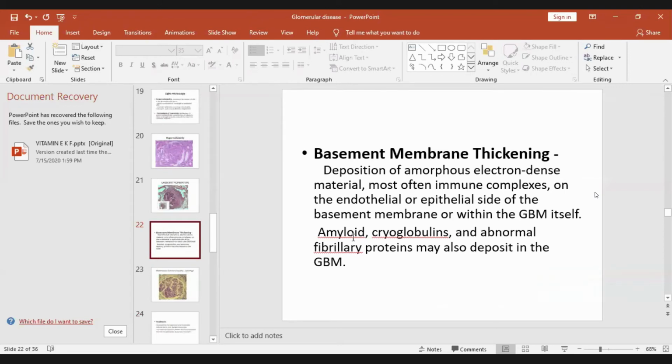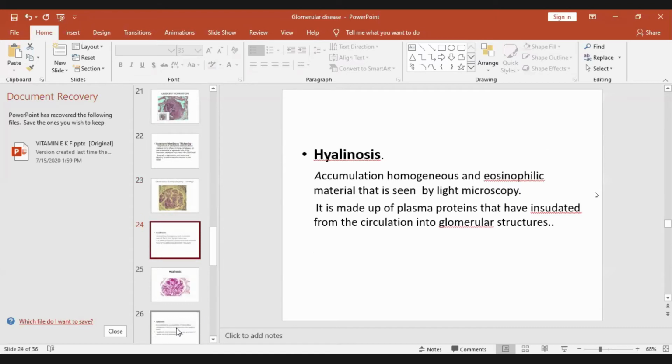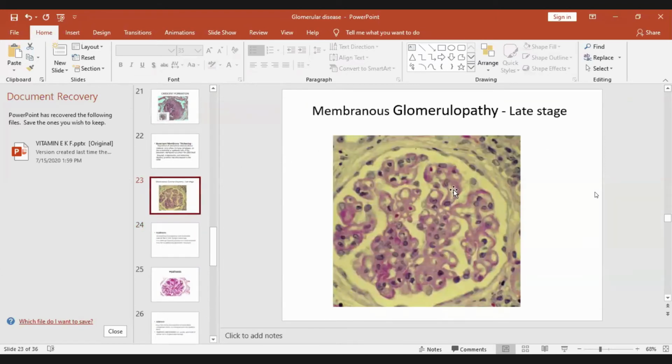At times it is amyloid, that is amyloidosis, or immunoglobulins, as in multiple myeloma. Those myeloma proteins are also deposited in the basement membrane. So these things will lead to basement membrane thickening. That is another morphological abnormality you can see under the microscope. See, this is the basement membrane thickening. You can see it is thick.